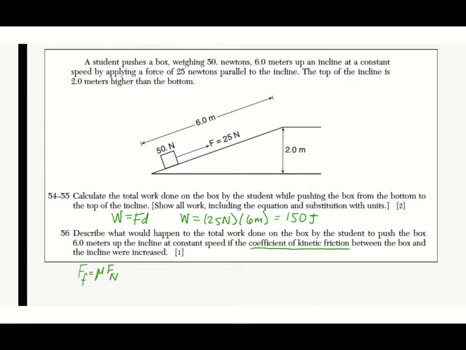Mu is our coefficient of kinetic friction. If mu increases, so does the frictional force, and that goes against motion. So if you have more friction going against you, then clearly you have to do more work. So our answer is that work would increase if you increase friction.